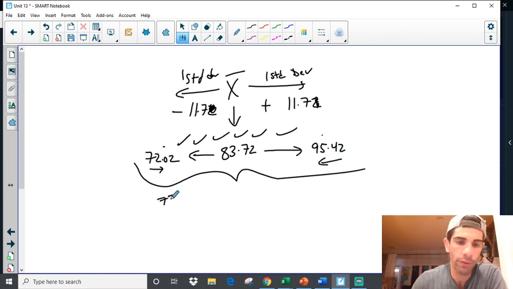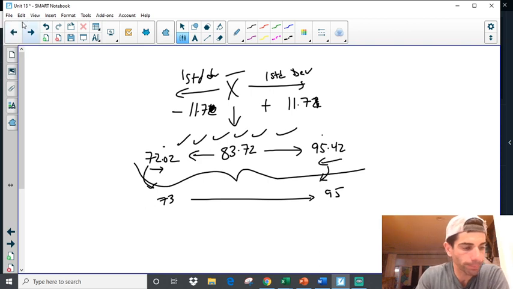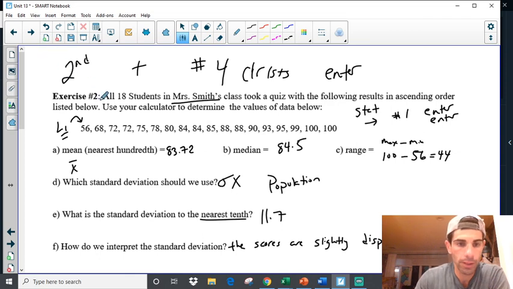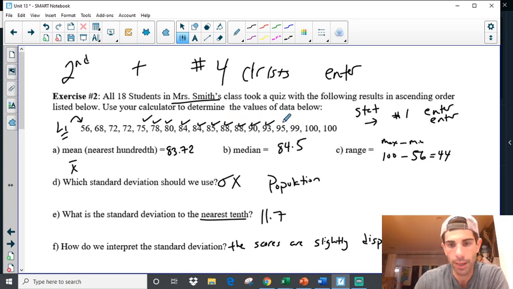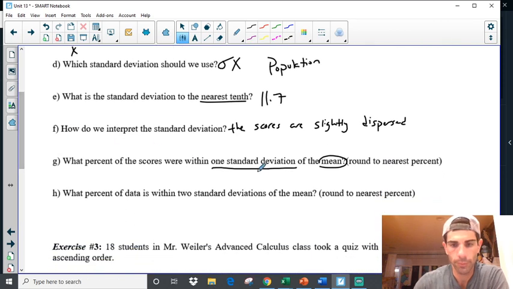So basically we're looking for all scores from 73 to 95, because that is larger than and that is smaller than. And if you went ahead and counted, let's see, 72, 72, 75, 2, 3, 4, 5, 6, 7, 8, 9, 10. So there are 10 out of the 18.